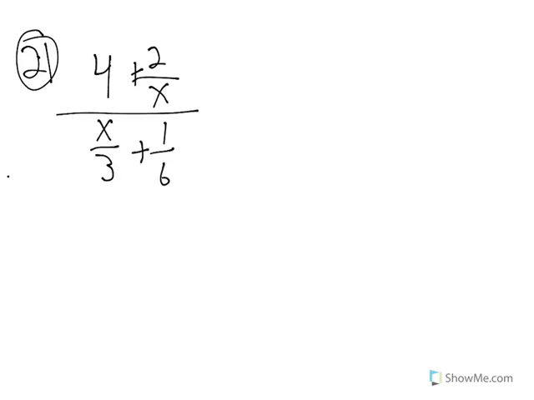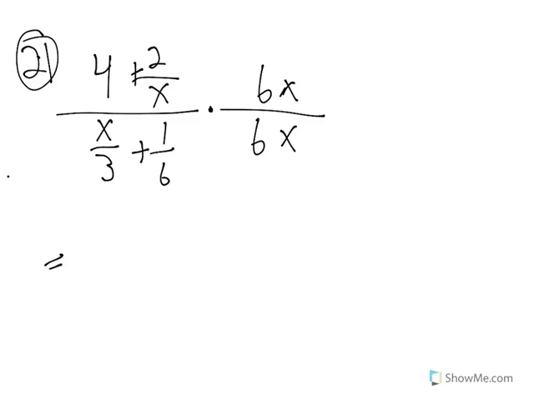21. Perform the indicated operations and simplify the result. Leave the answer in factored form. So these are compound fractions, aren't they? (4 + 2/x) all over (x/3 + 1/6). What I typically do with this kind of problem is I just clear all the denominators. In the bottom, what could I multiply by to get rid of both a 3 and a 6? Well, we'd multiply by a 6. And in the top, how do I get rid of that x? Well, multiply by x, right?